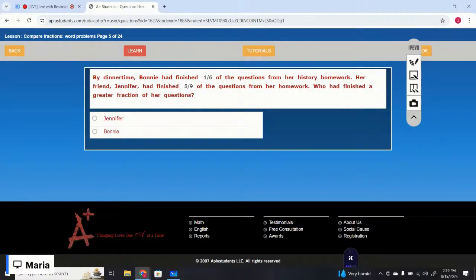Who had finished a greater fraction of her questions? 8 by 9 is greater. Jennifer is greater. Option number 1 is the correct option.